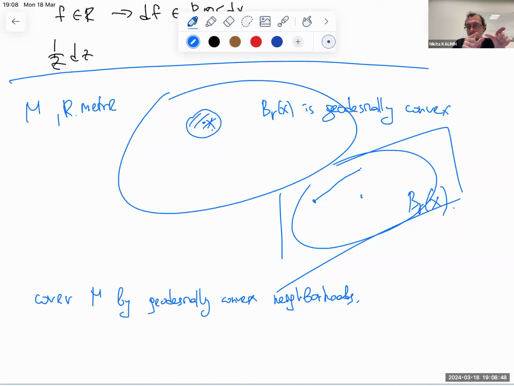And if you have something geodesically convex, it's diffeomorphic to Rn, because it's something like that, with all geodesics. Okay, is it clear? So I did not prove it. I just explained that it can be proved in this way if you fill in all the details. Yes, it's clear. Okay. Good.